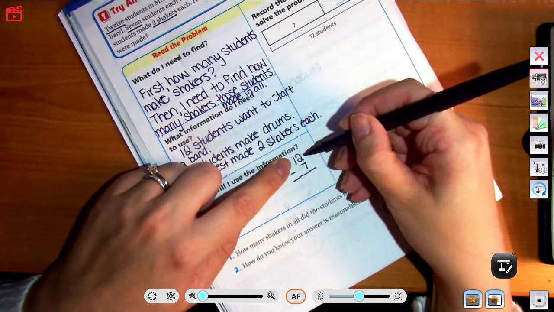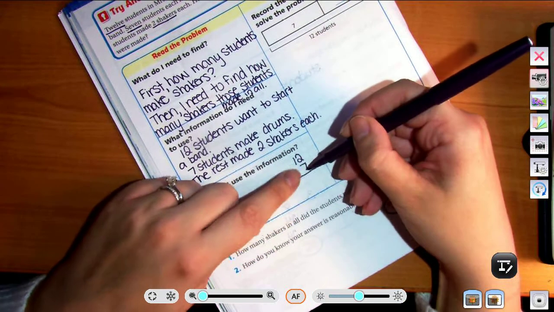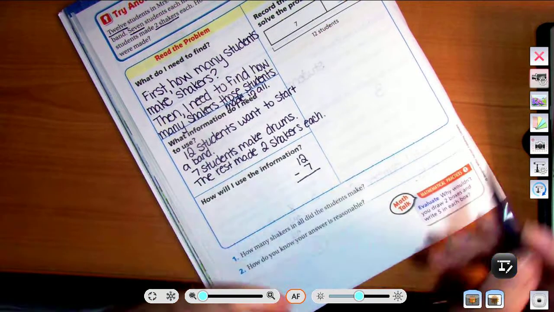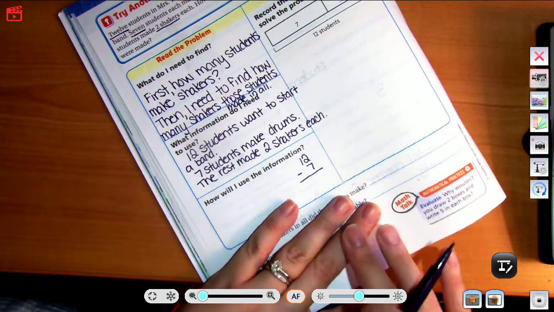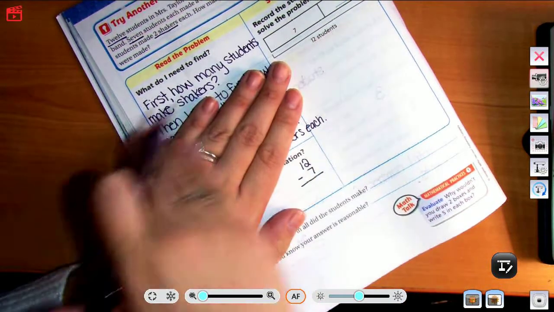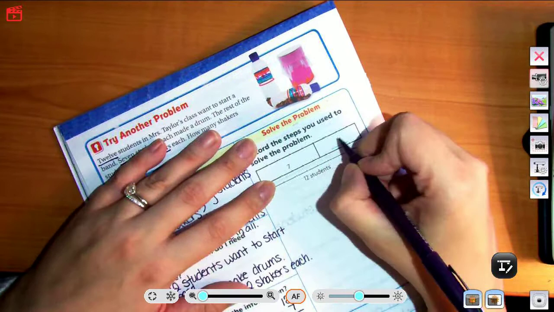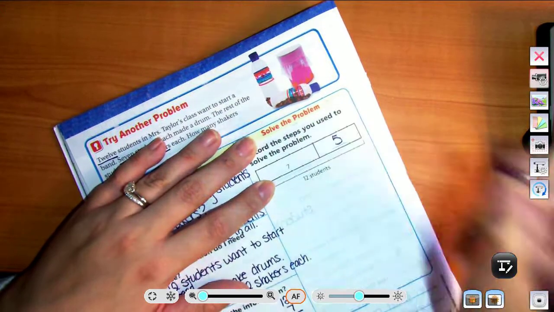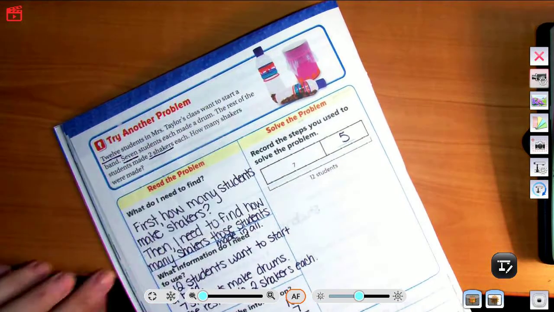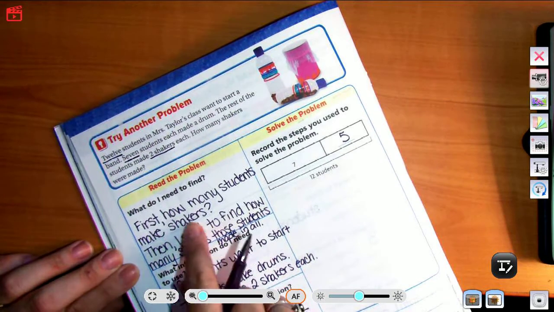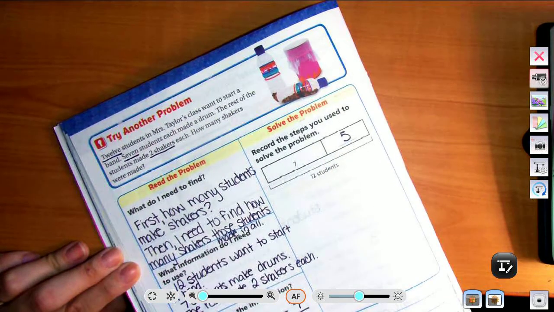You can start at 12 and count down 7, or you can start at 7 and count up to 12. So 7, 8, 9, 10, 11, 12. How many is that? 5. Okay, that's what I'm going to fill in my box here. 5, because that's how many students made shakers. That's my first step.